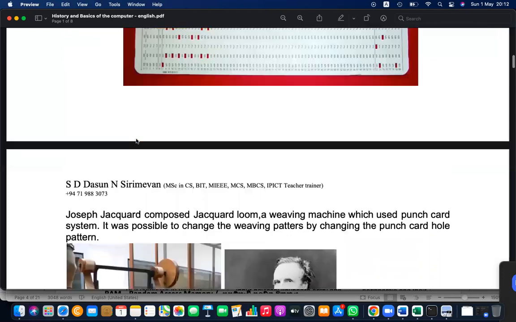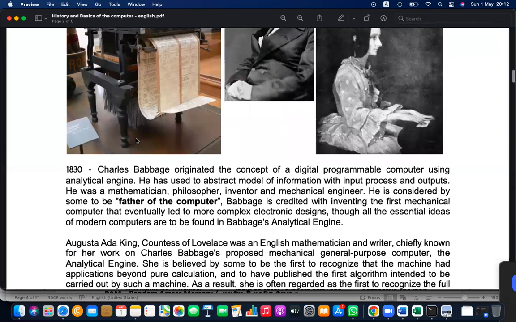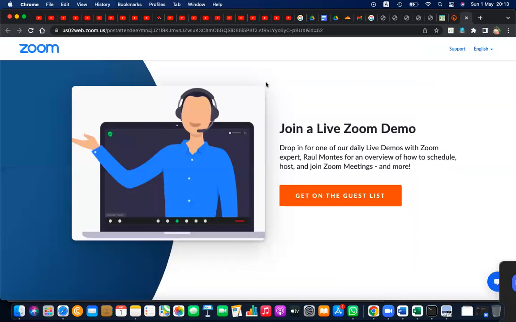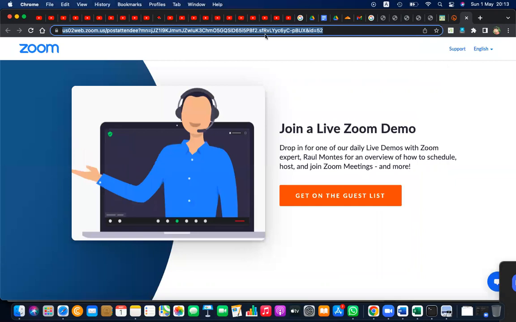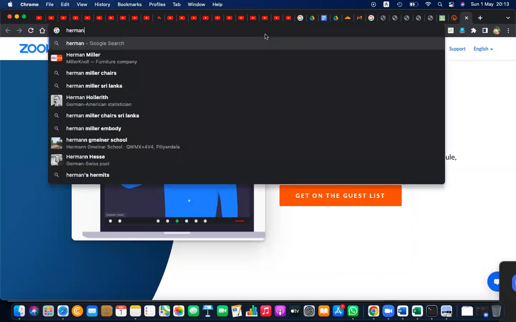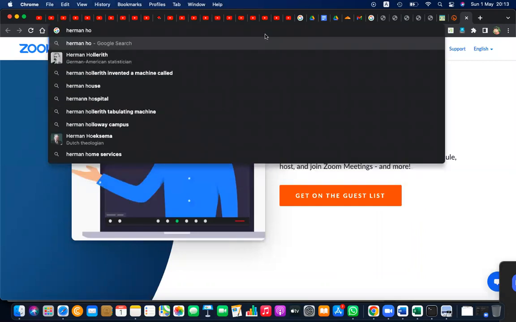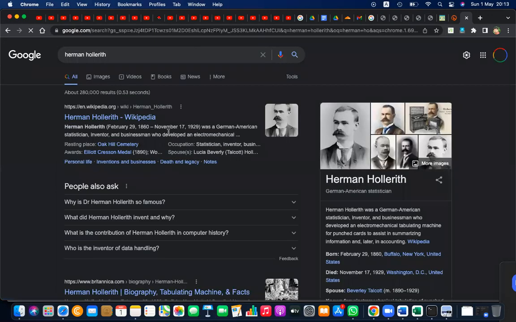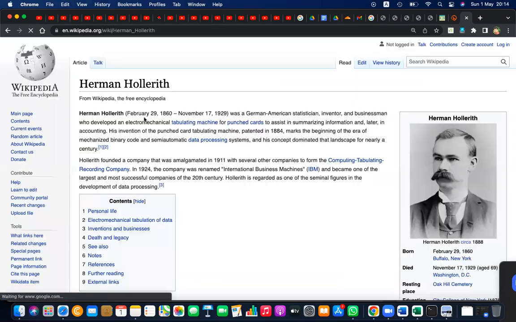That is actually not there in my note. Yes, it is not there. So the punch card was invented by Herman Hollerith, right? He is considered the inventor of the punch card.